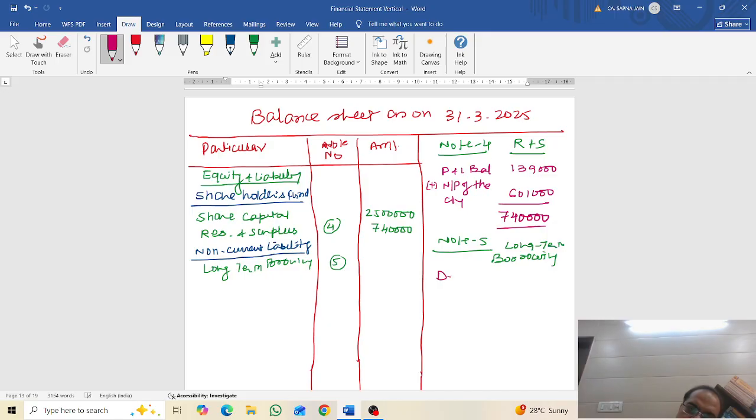Under the long-term borrowings, debenture is given for rupees 5 lakh, and bank loan is given, this is 6,45,000. The total is 11,45,000, the long-term borrowings.